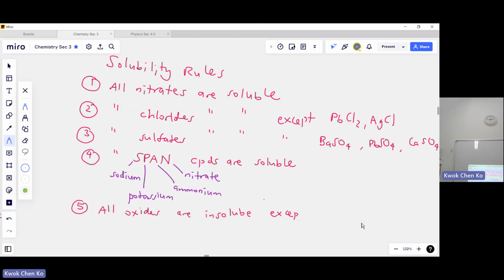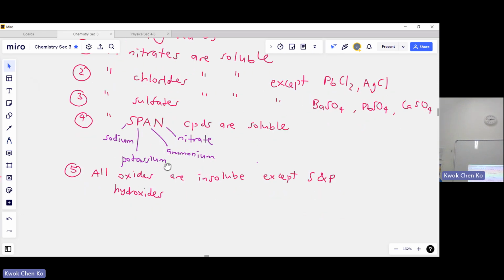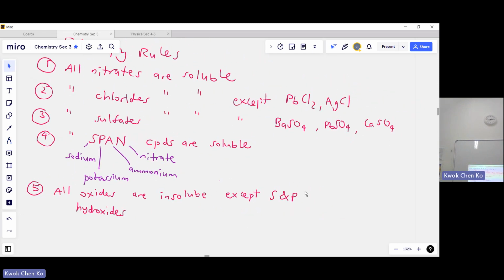Now, in addition to oxides, you can add in also hydroxides. They have the same behavior as oxides. Oh, for info, there is no ammonium oxide, so I didn't write ammonium there.